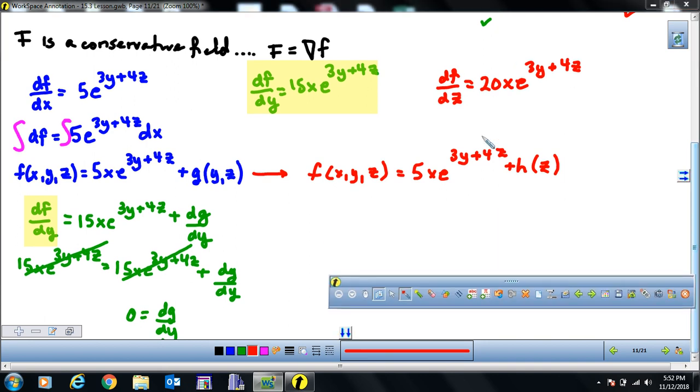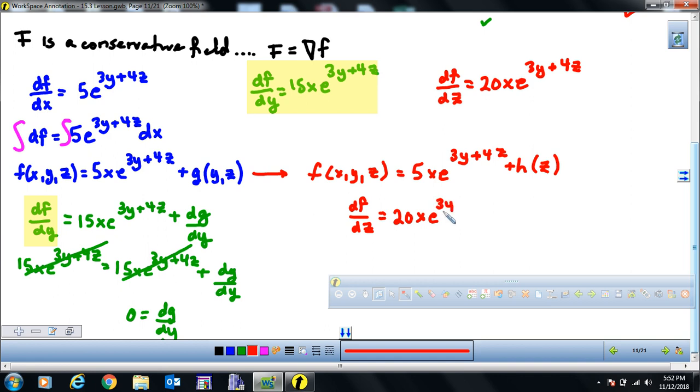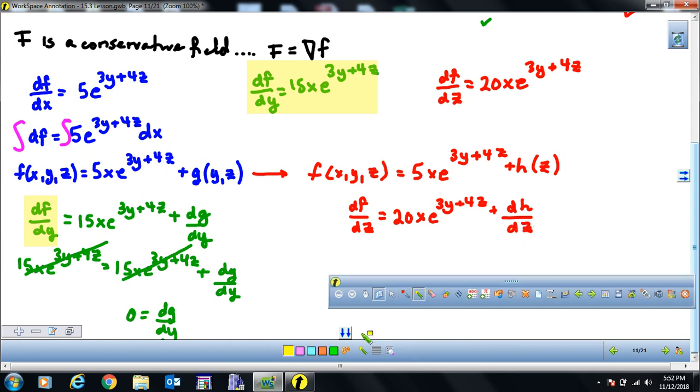So now we're going to use the last condition. Get the derivative of this function with respect to z and see if it depends on z. The derivative of this with respect to z would be 4 times 5x, which is 20x times e raised to the 3y plus 4z, plus the derivative of this function h with respect to z. So then I'm going to substitute this.